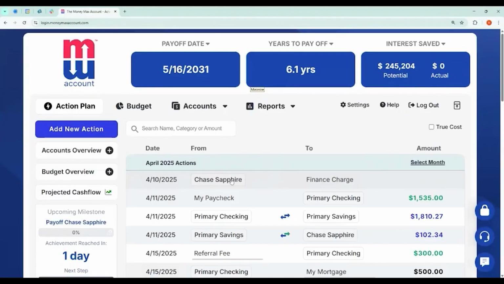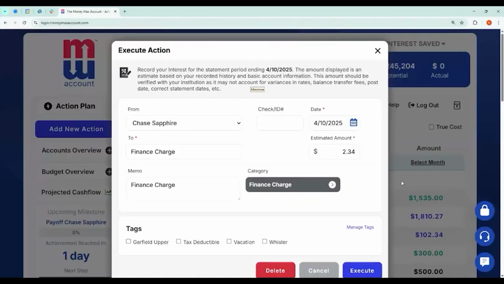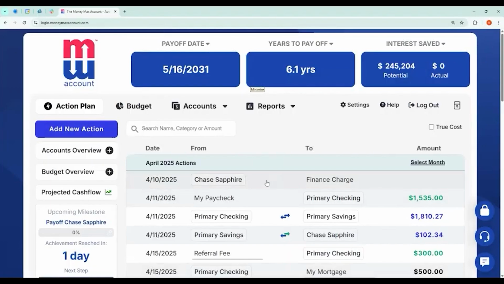I'm going to open up that statement that says closed on 4/10, and it's going to tell me what the finance charges were or the interest fees, and I'm going to acknowledge that, and I'm going to put in there what they really were. That's number one. And then just click execute. And then this line will leave your action plan.